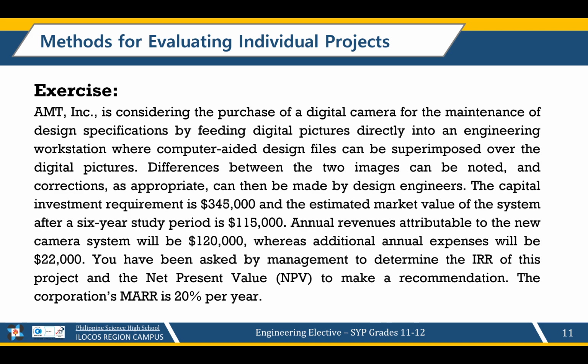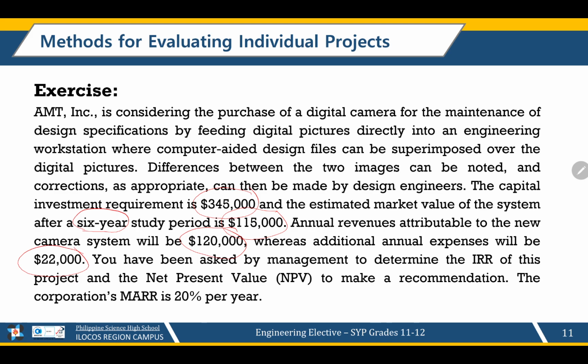The investment required is 345K, and the estimated market value after 6 years, so N is 6, is 115,000. The annual revenues will be 120,000, whereas the annual expenses will be 22,000.